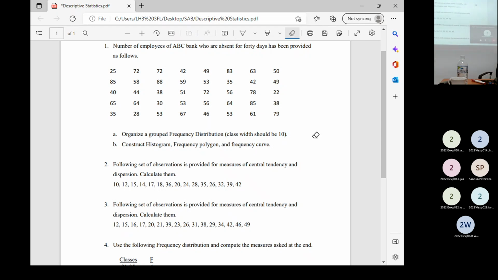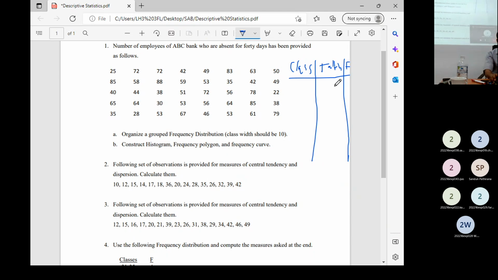Right, you have done this, but I want to revise that knowledge before starting the other calculations. Right, now you can take the tally table. Now start. Take class, then take tally here, and the third column has frequency.